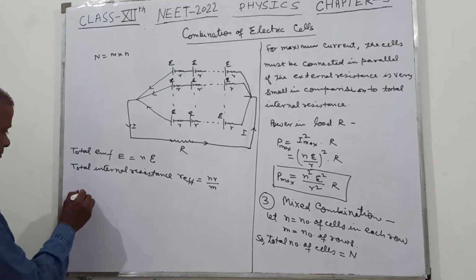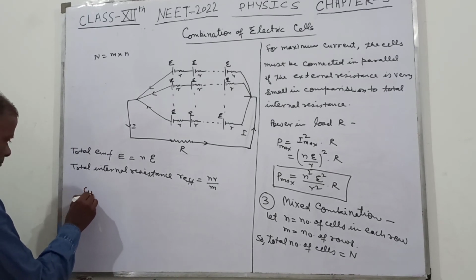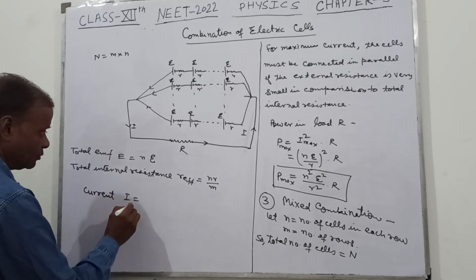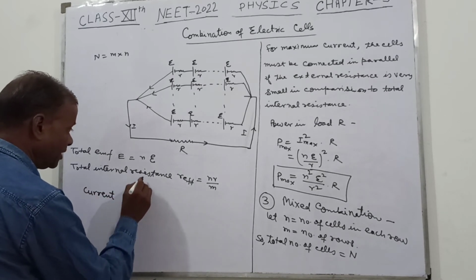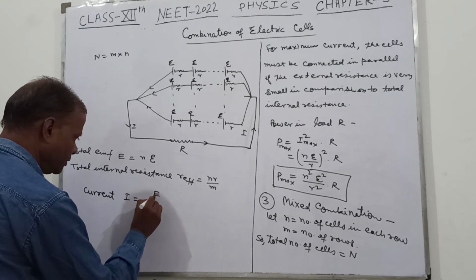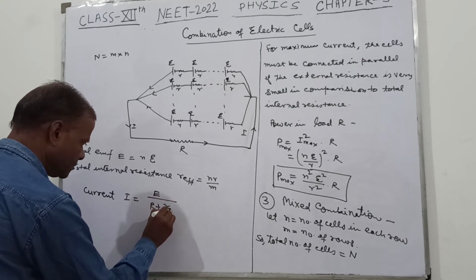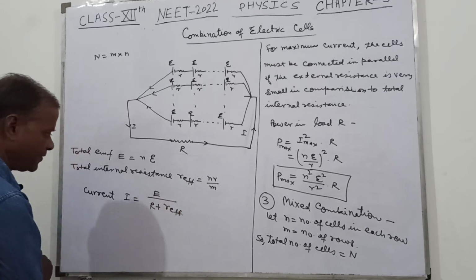So current I is equal to total EMF E upon R plus R effective.